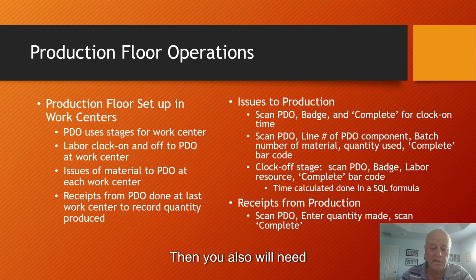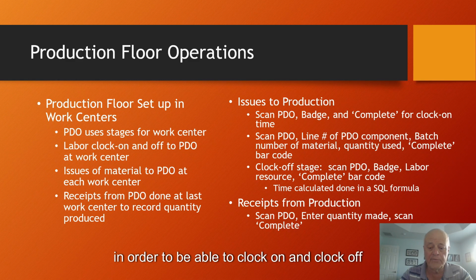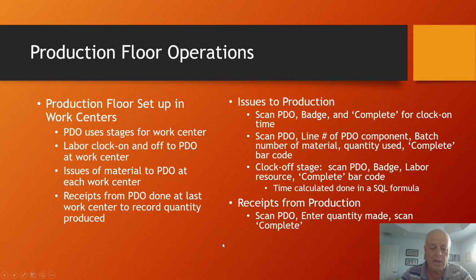Then you also will need the employees' barcoded badges in order to be able to clock on and clock off a production order. Thirdly, we need a connection to SQL from the work center.